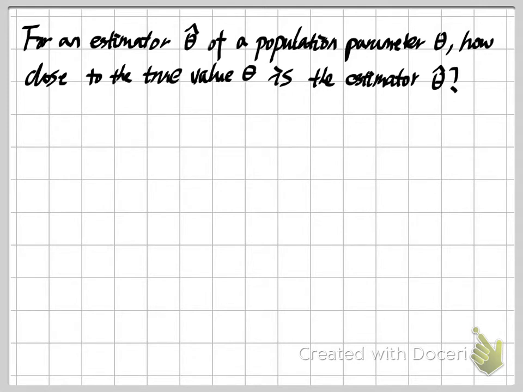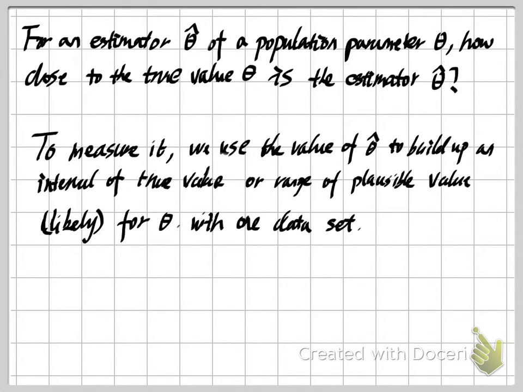To measure this, we will use the value of our estimator theta hat to build an interval of likely values for the true value theta. Let me write down these statements. Here we want to have an interval, and this interval has some special properties.